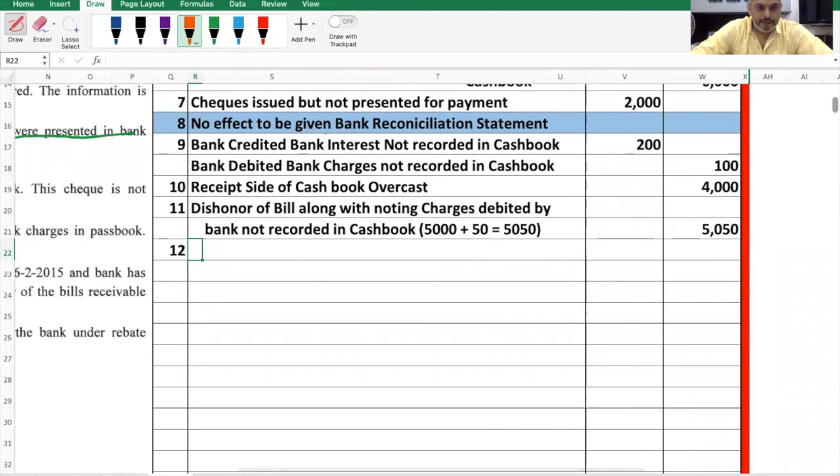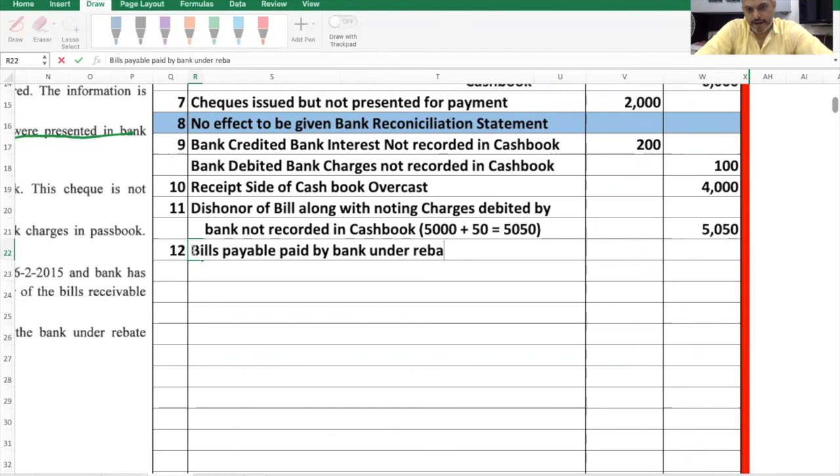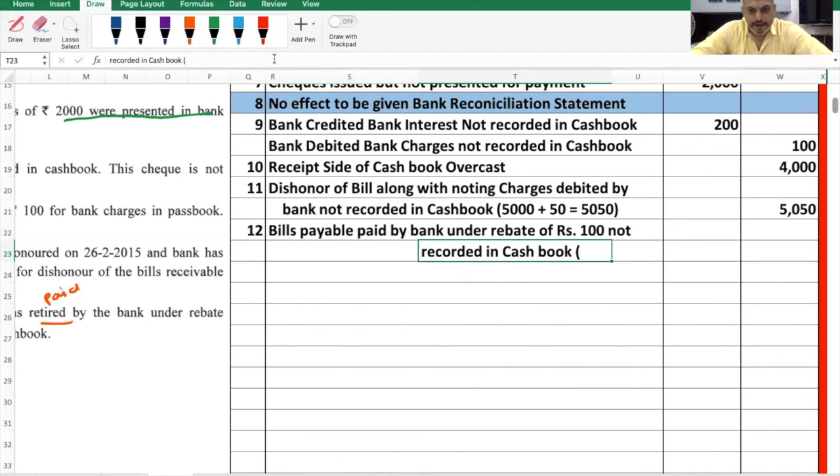Bills payable paid by the bank under rebate of 100 not recorded in cash book.